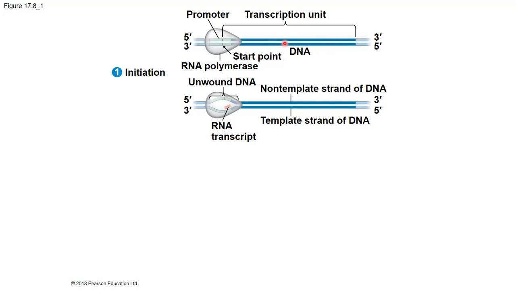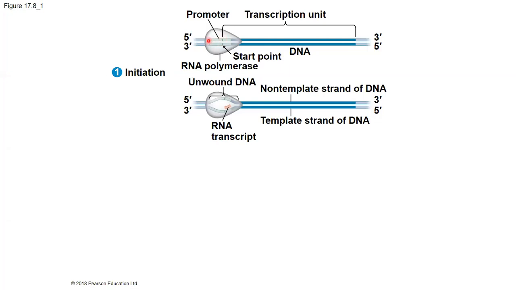The triplet code is here. And before the codons, we have a region of DNA that is called the promoter. The promoter contains the binding site for the RNA polymerase and other proteins called transcription factors. Okay?